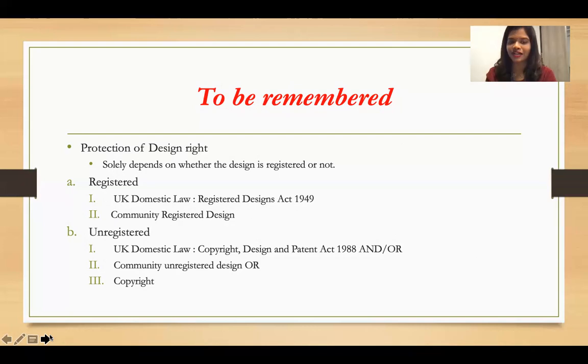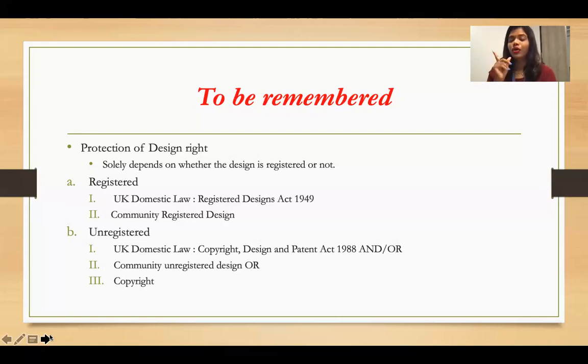And when we look at unregistered, we are mainly focusing on part 3 of the CDPA 1988, the Copyright, Designs and Patents Act 1988 part 3, which solely tells us what are the designs that can be protected under unregistered design rights.